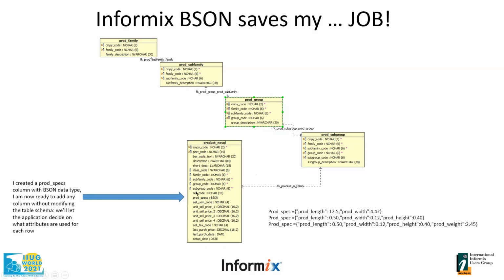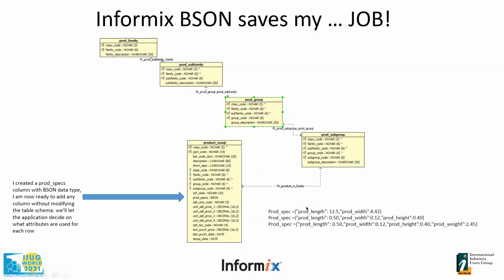So basically, I created a prod specs column of type BSON, and now, for those who never saw a JSON representation, this is how the data could be inserted. For instance, here I have a pair, and I have two pairs here, key and value.